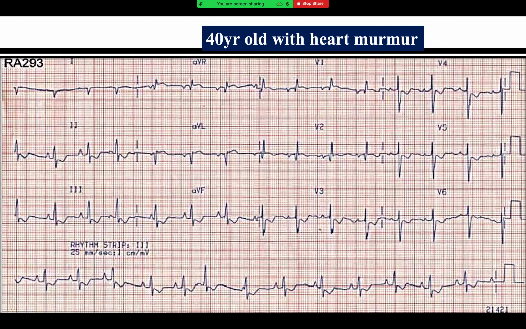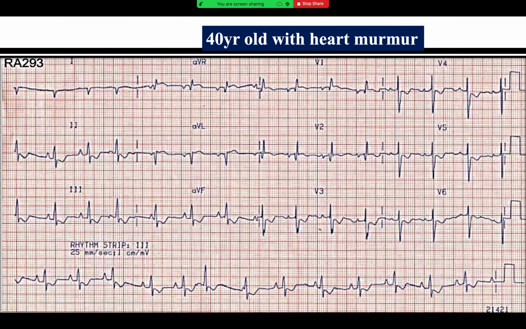40-year-old male with heart murmur. Is it sinus rhythm or not? It is sinus rhythm.